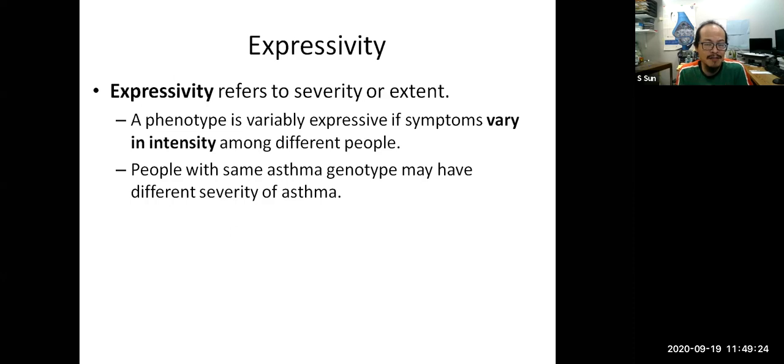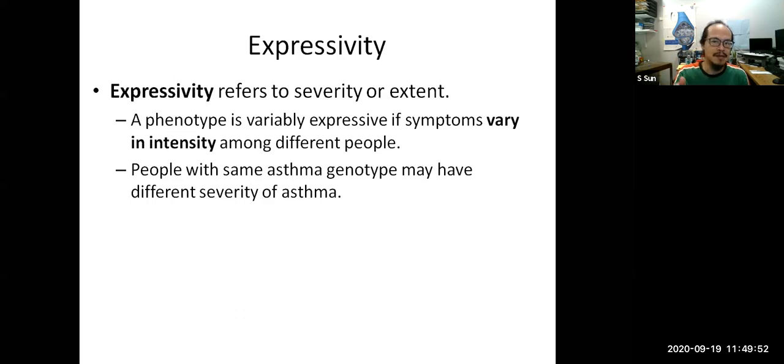There are so many things that can affect it. How many receptors are in the cell to detect that allergen, and how your immune system responds to it? You will cough more, sneeze more, you are more sensitive, or less sensitive. It could be different.